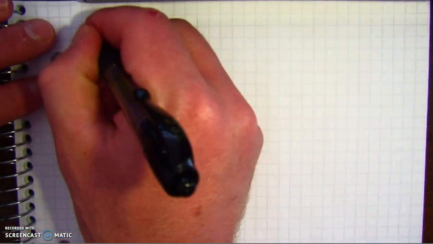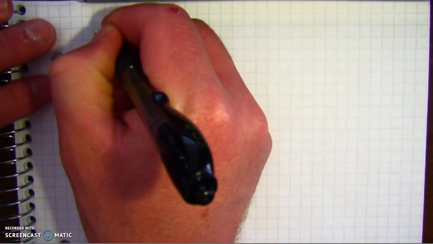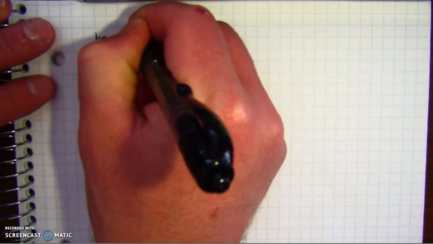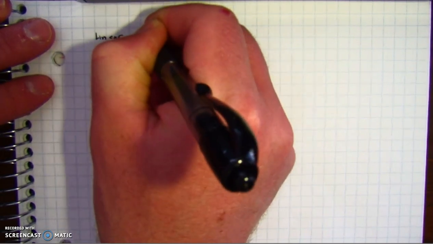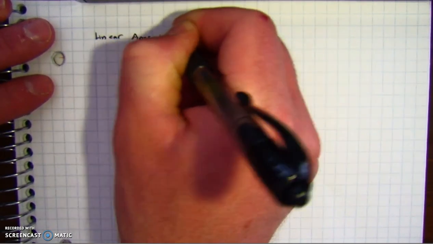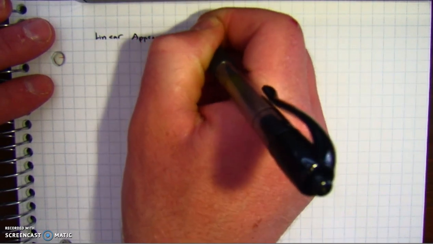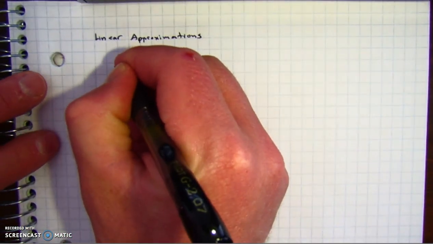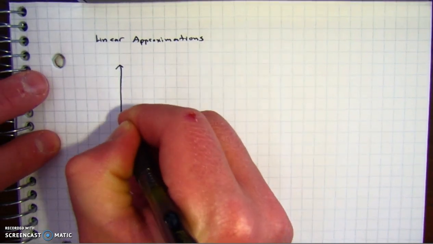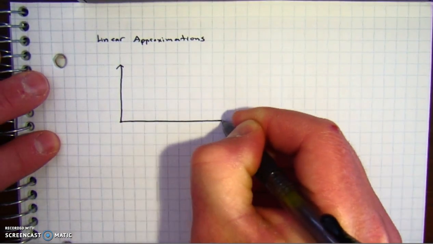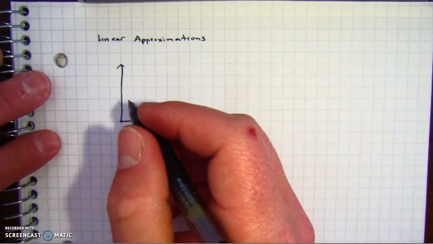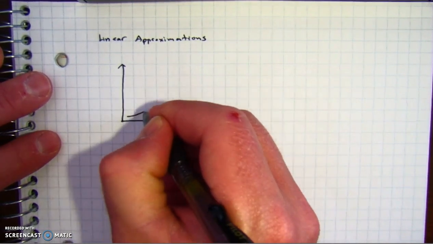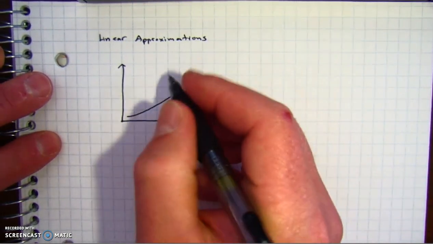So first, let's look at linear approximations. Okay, so the idea of a linear approximation is, let's say you have some graph right here, and we'll just sort of give it maybe a curve like that.